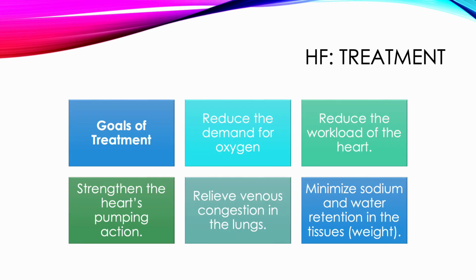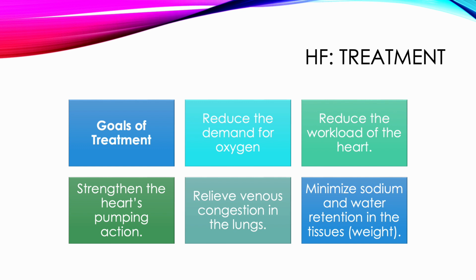So get that down. Now, your goals of treatment, obviously, you want to reduce the demand for oxygen. So that means people need to rest, okay, if they're having an episode of CHF, okay? Need to rest. You need to reduce the workload of the heart. That means they need to rest, and you need to put oxygen on them. Remember what I said, head of bed first, get that up, get the oxygen on them after, okay?